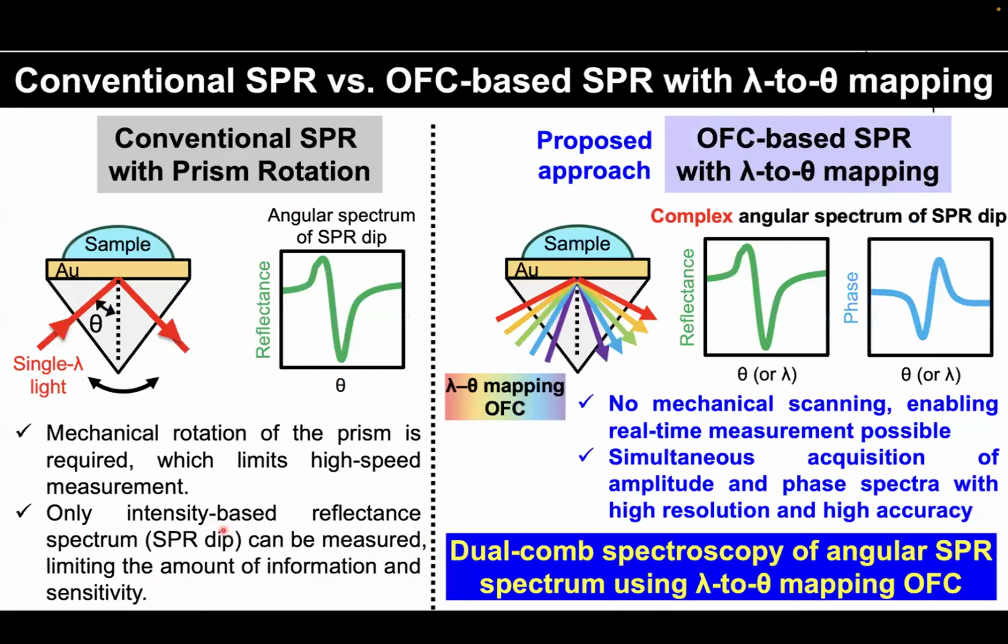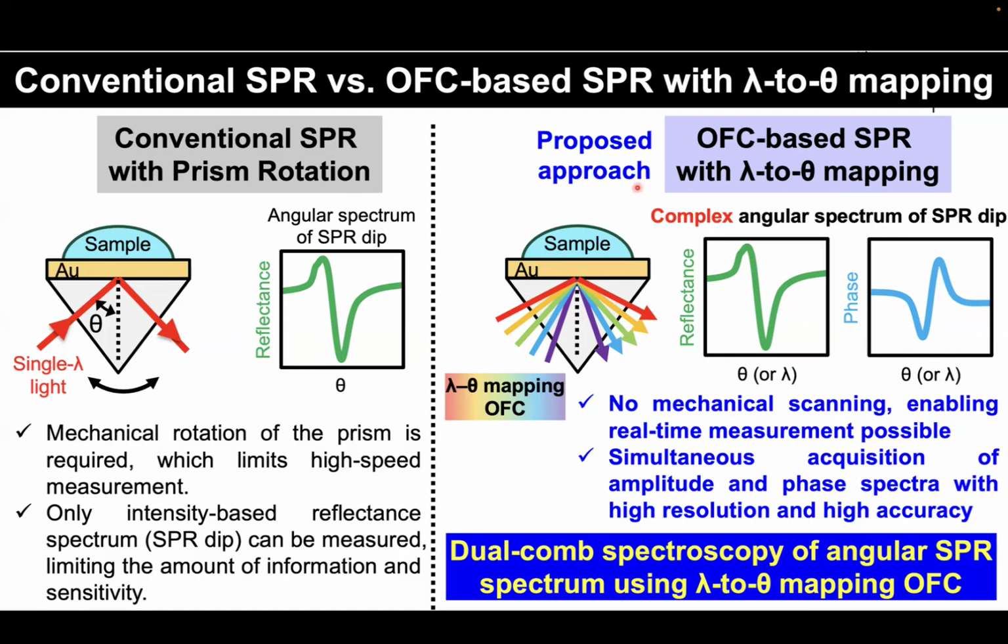Next slide shows the comparison between the conventional SPR and the OFC-based SPR with wavelength to angular mapping, or lambda to theta mapping. In the conventional SPR, the mechanical rotation of the prism is required, which limits high-speed measurement. Also, only the intensity-based reflectance spectrum can be measured, limiting the amount of information and sensitivity.